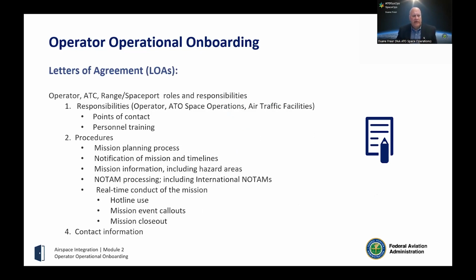Within the letter of agreement are roles and responsibilities, both during the planning process and during the execution of the mission. You can see the responsibilities include those for the operator, ATO Space Ops, and air traffic facilities.